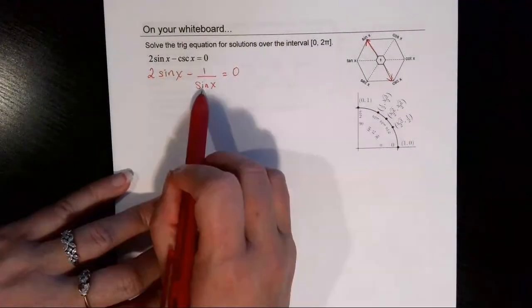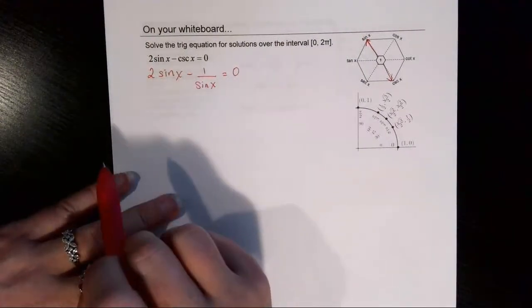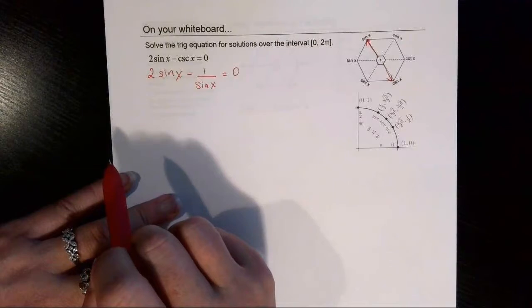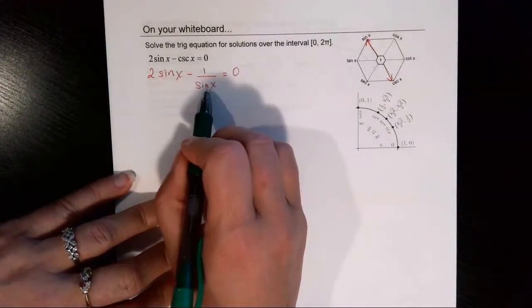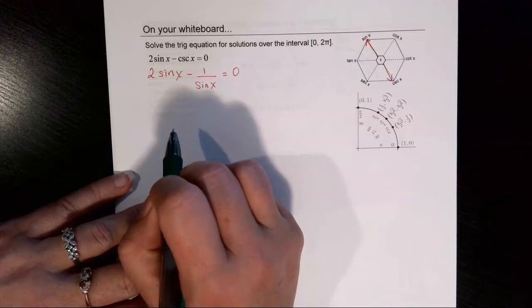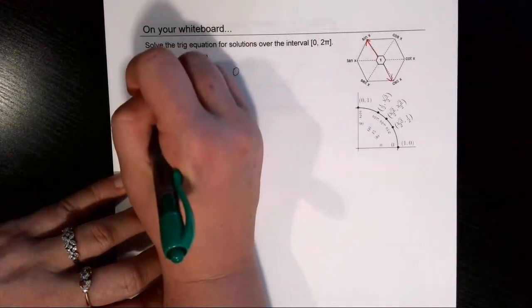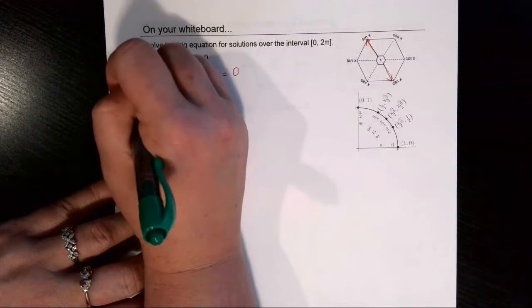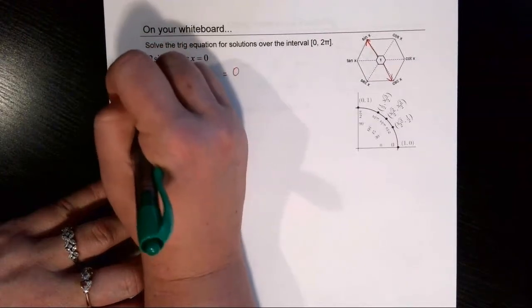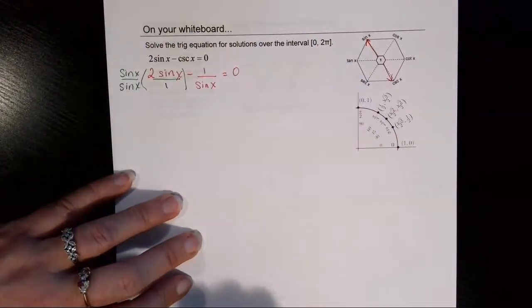So now I have a fraction that I want to subtract. That means I would need a common denominator. So to get a common denominator to match this fraction with a denominator of sine of x, I'm going to multiply this fraction by sine of x divided by sine of x.